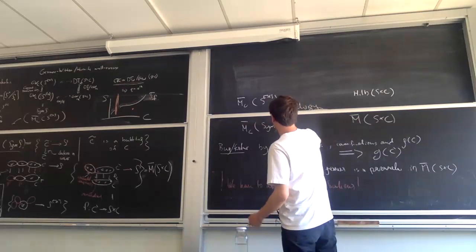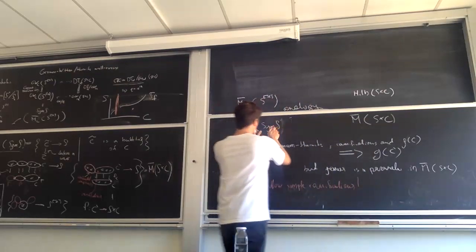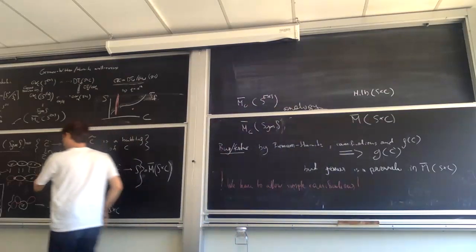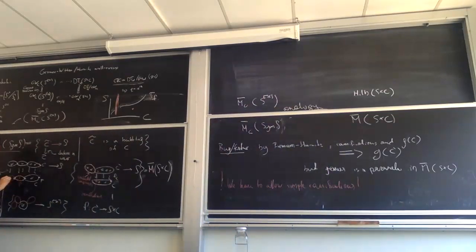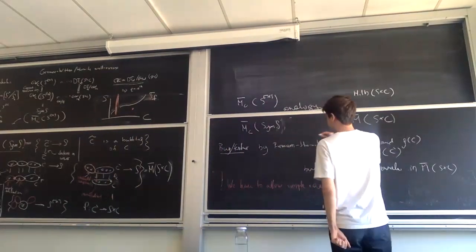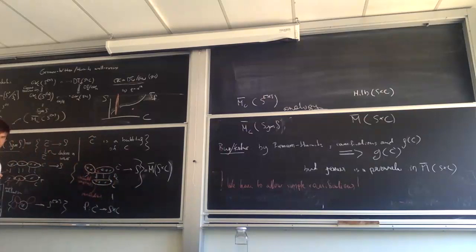So here now the class. So now this is a map. This will be configurations like that, but you allow now m simple ramifications. Simple ramification is the one that's given by, so it's the closest one to being unramified.